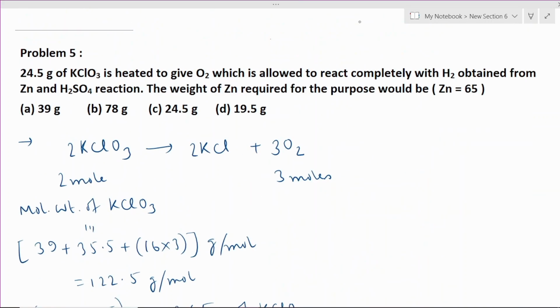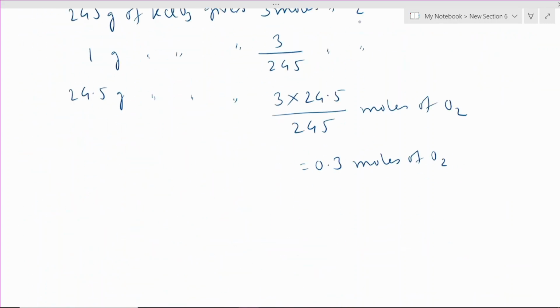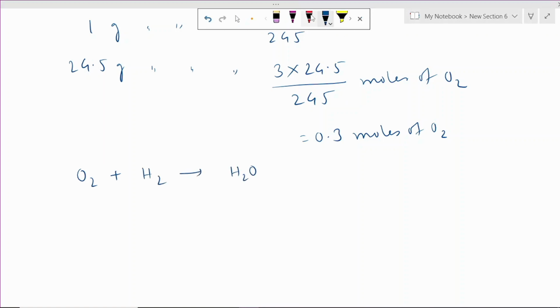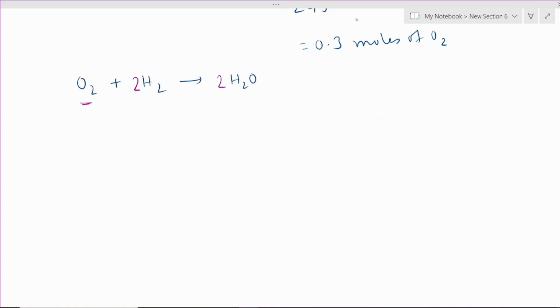This oxygen reacts completely with H2, and we know the equation: O2 plus H2 gives H2O. If we balance the equation, 2 oxygens are there, so here it is 2, and it is 4 equivalent of hydrogen, so here it is 2. So from the reaction, this is 1 mole and this is 2 mole.